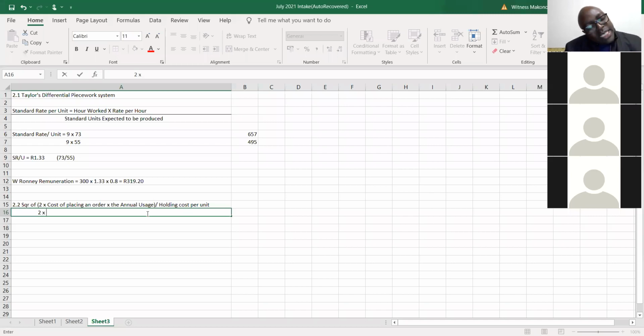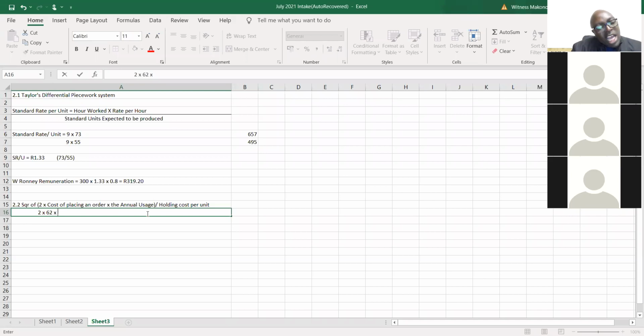So it will be 2 times the cost of placing an order. What is the cost of placing an order here? Can you see that it is 62? Not the carrying amount. It's written there, the purchase price and the ordering cost is 62 per order. Do you see that? Right.